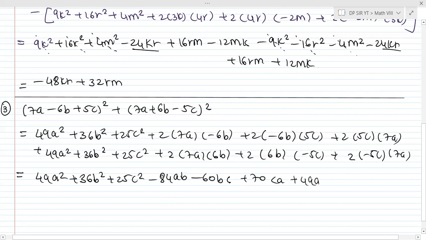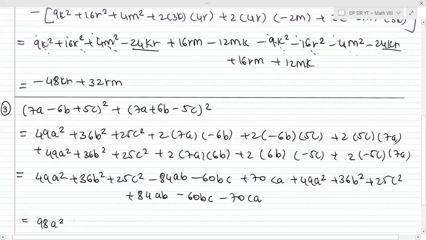Plus 49a square plus 36b square plus 25c square plus 84ab minus 60bc minus 70ca, which is equal to 98a square plus 72b square.